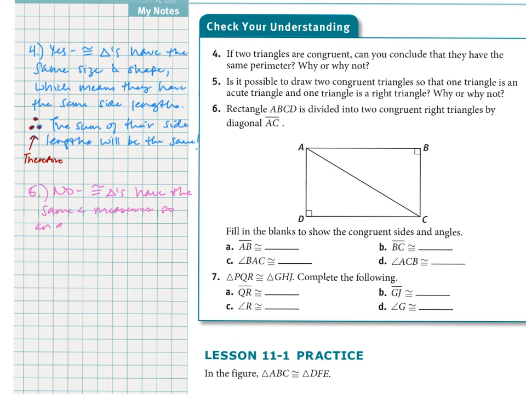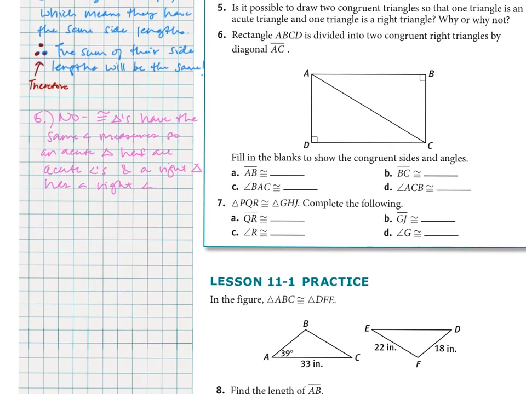So an acute triangle has all acute angles, and a right triangle has a right angle. Yeah, that wouldn't necessarily make sense. Book's trying to trick us again, right? This is check your understanding, so it gets us to really critically think about some of these problems we've come up with. Let's go ahead and scoot on down.